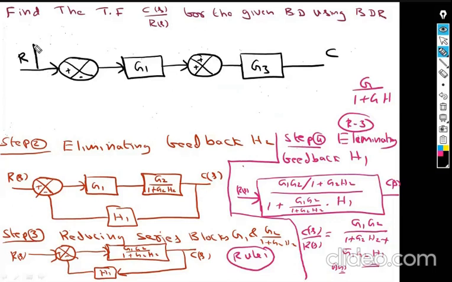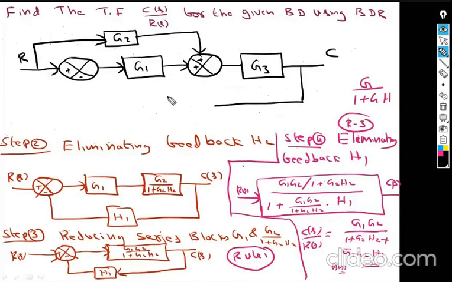Now from here he has taken another forward path signal G2 attached to this particular summing point, and the output C is once again sent back towards the input.